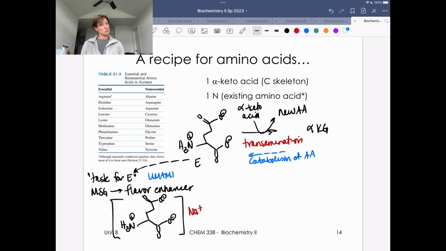And you might be like, well, Dr. Prenny, you just drew glutamic acid again, and you're absolutely right. I drew glutamate, and I drew it with one monosodium. So monosodium glutamate.